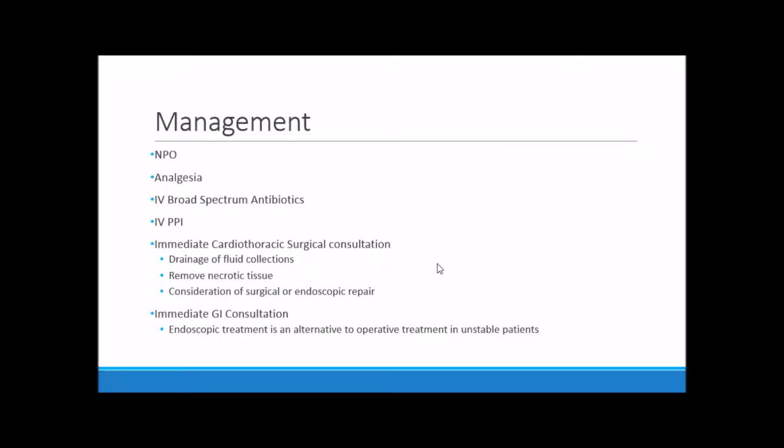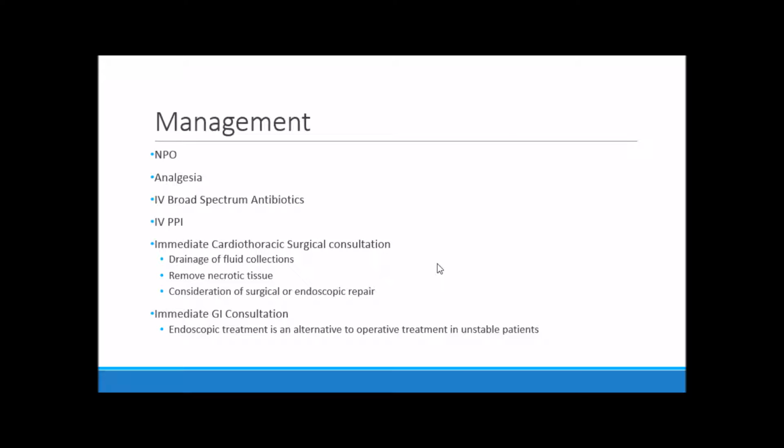They may need to drain the fluid, debride the necrotic tissue, and they may need to repair the rupture one way or another. Okay? Now, you should get GI on board too, because sometimes the preferred way of repairing this is endoscopic rather than open. And it really depends on the clinical condition. And it's something that you're going to want those two specialists to talk about.